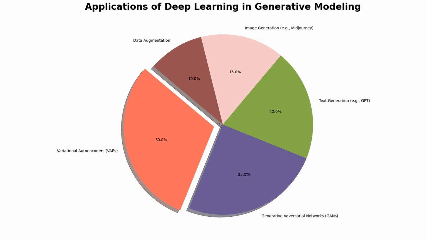Now, data augmentation, although it's the smallest slice at just 10%, is still an essential application that supports downstream supervised learning. So, when we look at these proportions, we can conclude that the field relies on a combination of complementary techniques. The latent variable models like VAEs and adversarial approaches, such as GANs, are dominating.